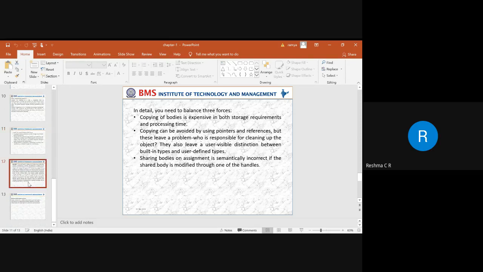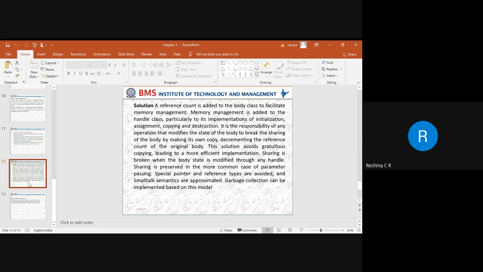And the next thing is we need to provide a solution. In what way are we trying to provide a solution? By using memory management. Memory management is one of the concerns when we are trying to implement any particular application. How much memory will be taken?